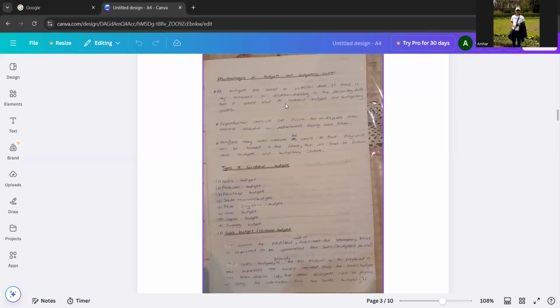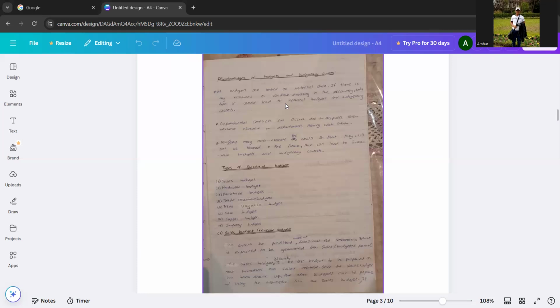Now look at the third point. Managers may overestimate the costs so that they will not be blamed in the future. This will lead to inaccurate budgets and budgetary control. So, sometimes managers may overestimate the cost, and it may lead to inaccurate budgets, because we should not overestimate or underestimate anything. We should give realistic targets, realistic figures. We can't overestimate cost, we can't underestimate income.